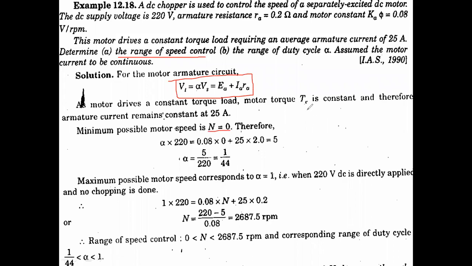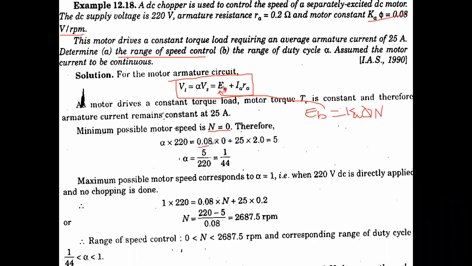So EB is equal to Ka phi omega or N, but here the Ka phi is given in RPM unit, so Ka phi N. In place of EB, you substitute this equation.